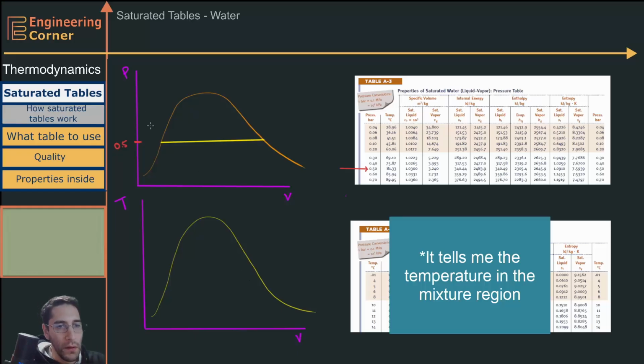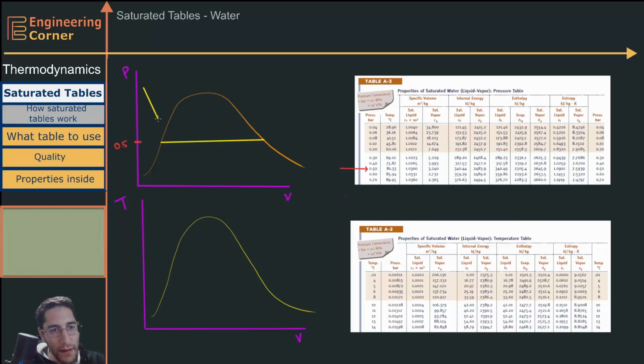However, we have these isotherms that look like this. This line shows my constant temperature. So this line always shows a temperature that's equal to 81.33 degrees Celsius.